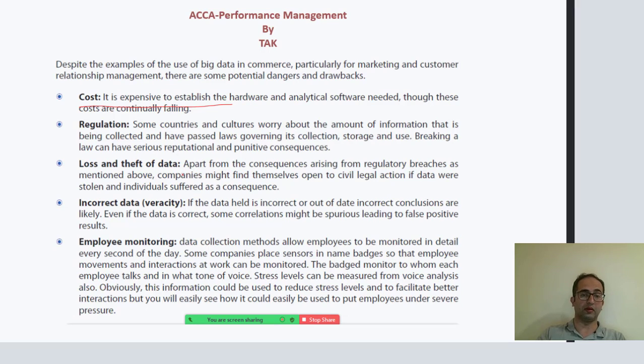That was quite difficult. In addition, in some countries and cultures people worry about the amount of information that is being collected. You would know that in the near past, a year back or so, Mark Zuckerberg was being investigated and was called in front of the lawyers, and they were asking to what extent you collect information.